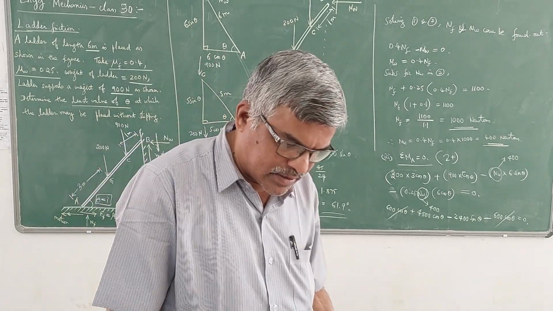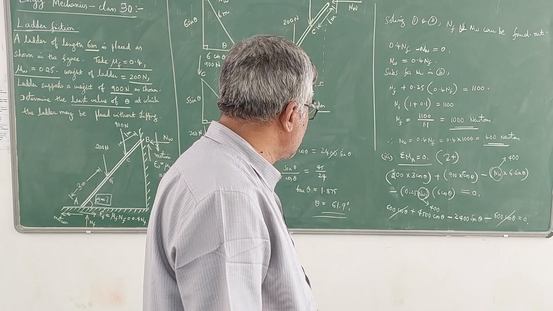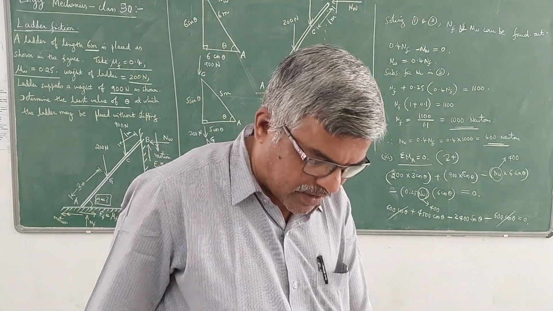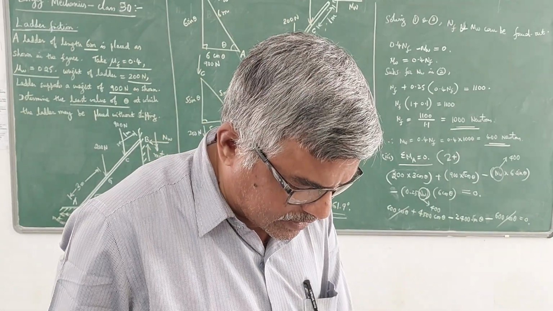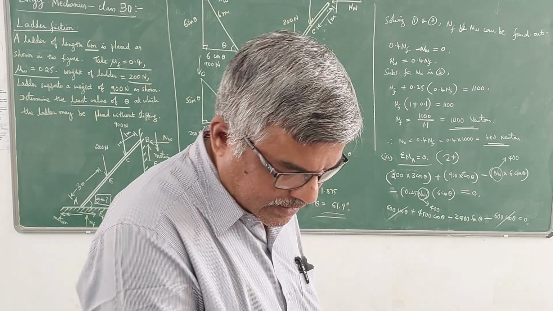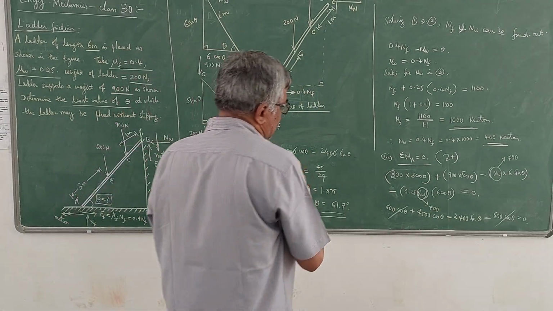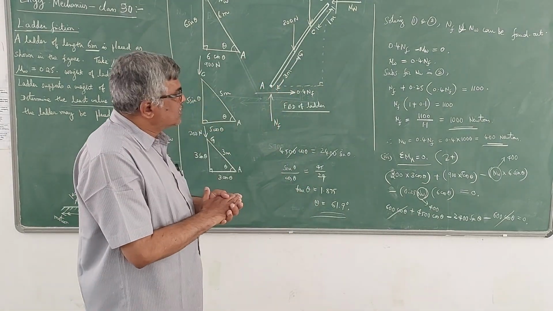You are going to get 61.9 degrees. So that is the value of theta, the angle of inclination of the ladder. This is how we have to solve the problem.